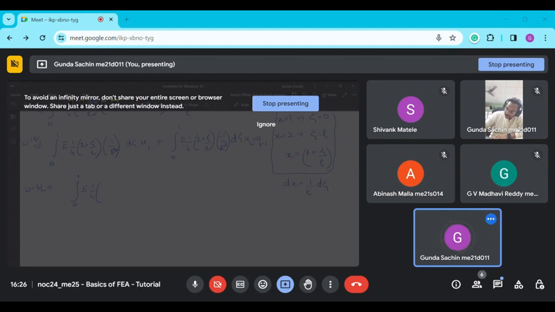Similarly, for w is equal to psi 2, if you solve it, it would look like E times 1 by 4, symmetrically.